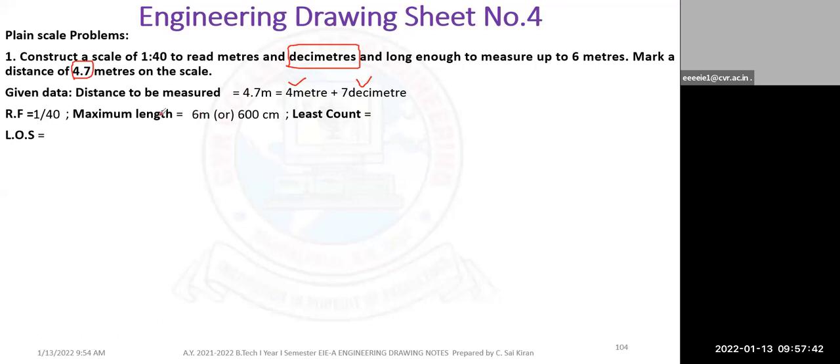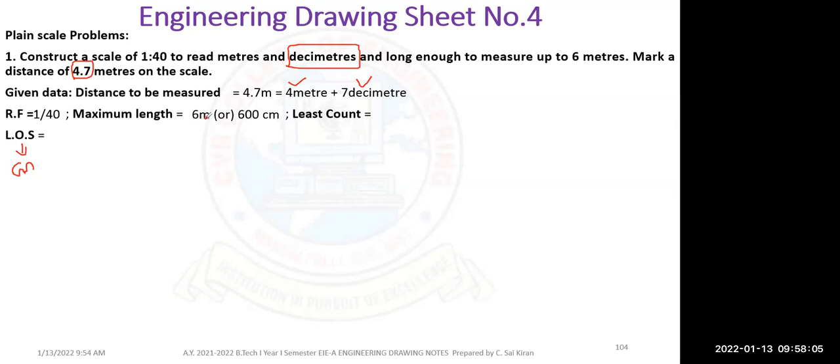Generally LOS will be in centimeters, so every time you have to convert meters into centimeters, because LOS units are in centimeters. 1 meter equals 100 centimeters, so that's the reason we multiply 6 into 100, which becomes 600 centimeters.